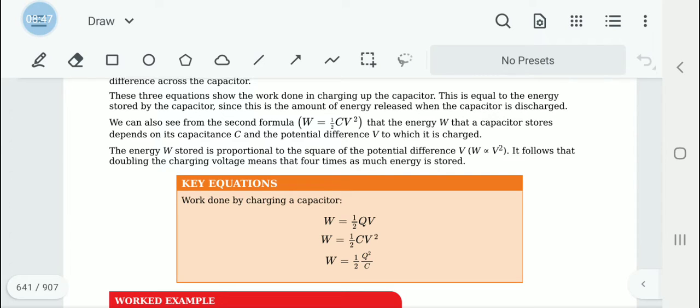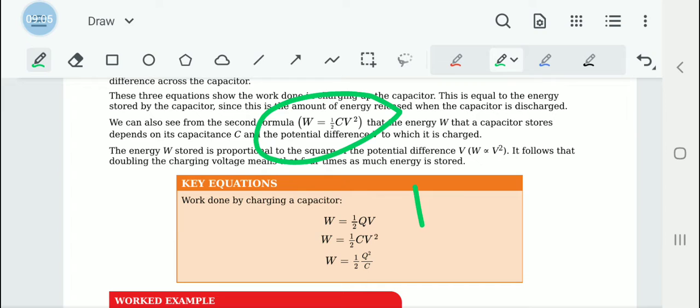That means if we double the voltage, 4 times the energy would be produced. I suppose you understood that, because W here is proportional to V squared.